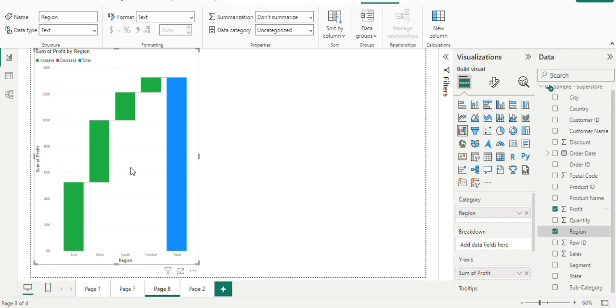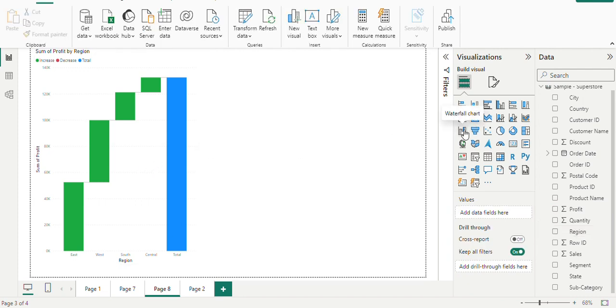So let's see, this is a very easy and straightforward example where there is no decreasing trend. Now let's see another waterfall model where we can see both the trends.